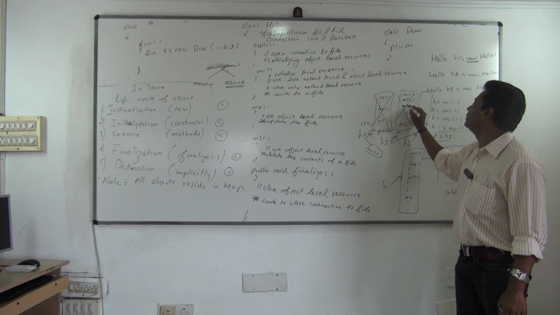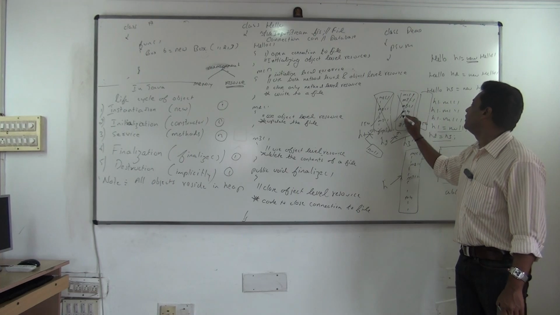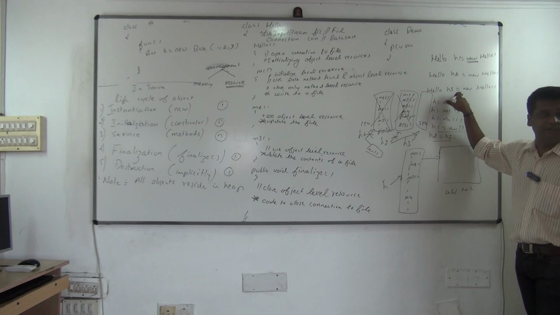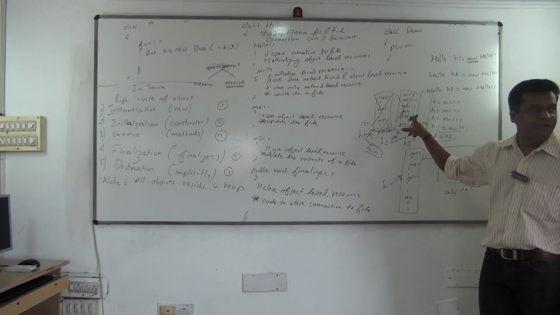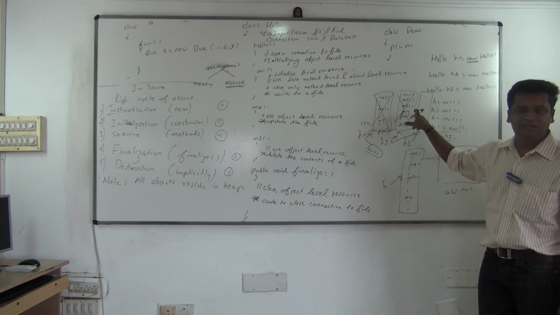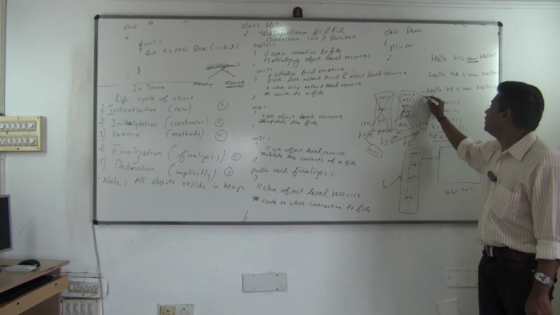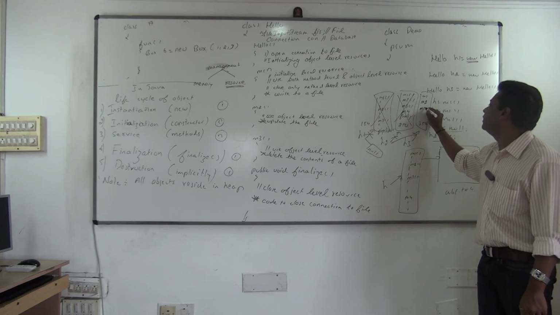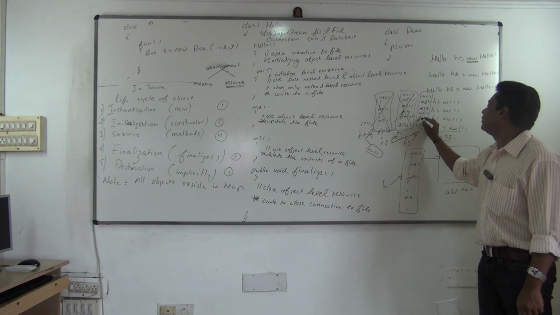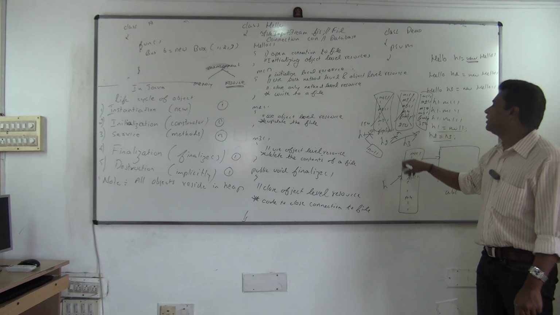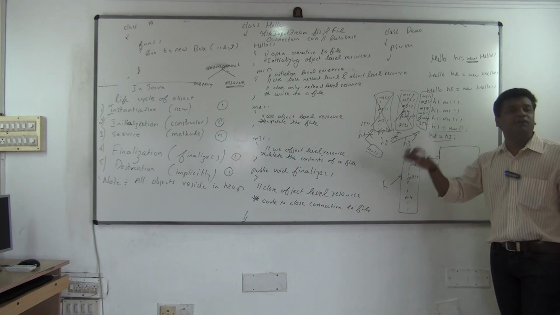When you created objects H1, H2, H3, what has happened? As in your class, the same code has come into existence. M1 is there, M2 is there, M3 is there, M4 is there, finalize is there. Similarly, you have M1, M2, M3, M4, and you'll have finalize.